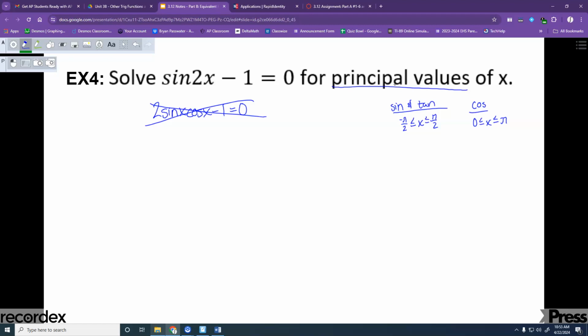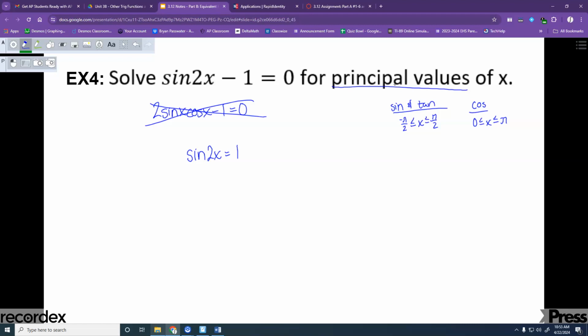So what we're going to do here instead is we'll move the 1 over and we'll have sine of 2x equals 1. And we did a little bit of this whenever we were looking at where the vertical asymptotes were on our secant and cosecant and whatnot.